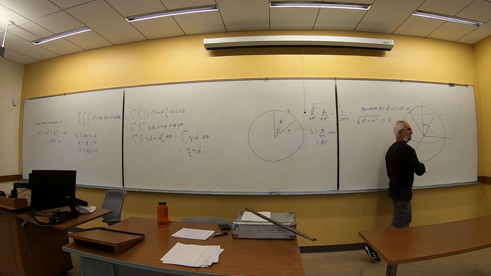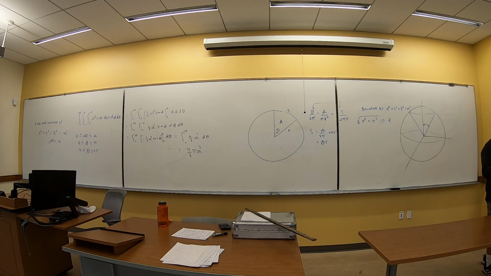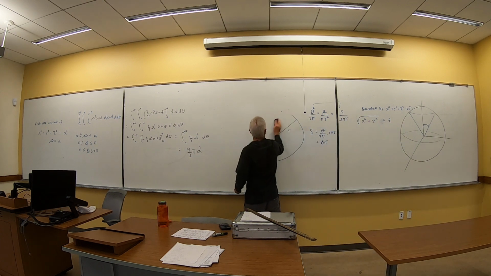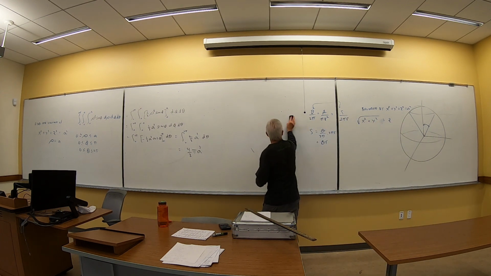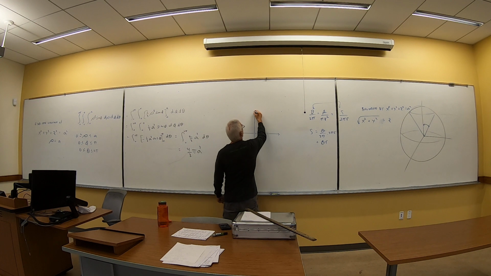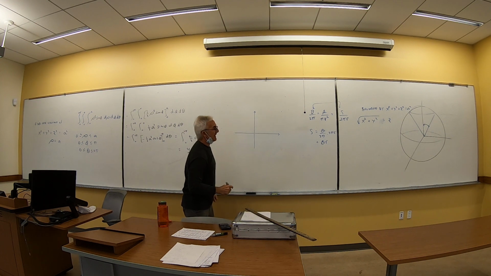Because the coefficients on the x and y are both 1s, this is easy. If I put coefficients other than 1, this would be really difficult, really complicated. Okay? Here's why this is not difficult. Let's start in the xz plane.